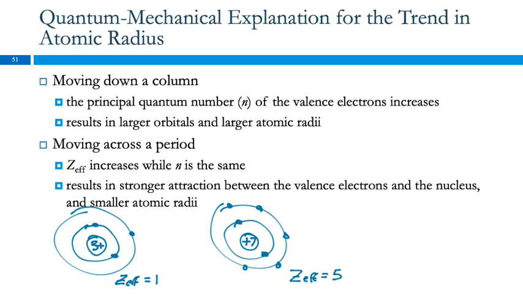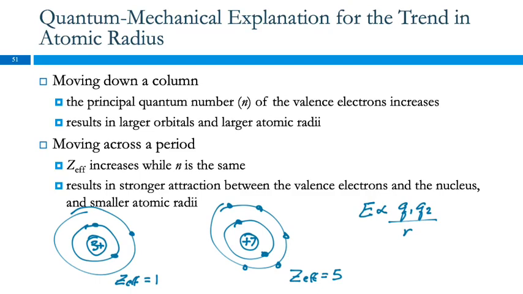And we've looked at Coulomb's law. The potential energy, the amount of attraction, is proportional to Q1 times Q2 divided by r. So here I have a -1 electron attracted, seeing an effective charge of +1. Here I have an electron with a -1 charge, seeing an effective charge of +5.